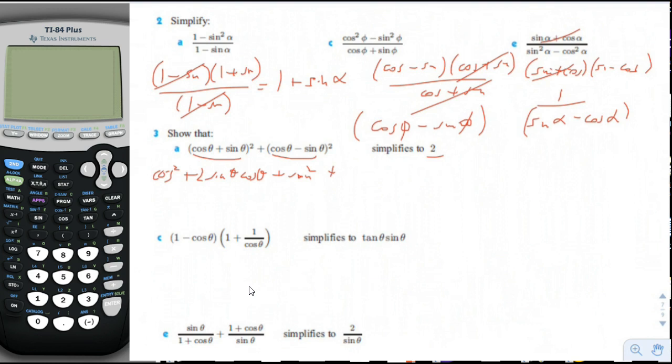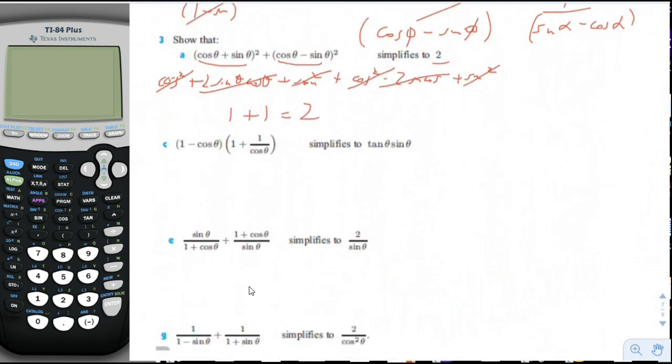And then you have plus cosine squared minus 2 sine cosine plus sine squared. Okay, and cosine squared plus sine squared is 1. Cosine squared plus sine squared is also equal to 1. And 2 sine cosine minus 2 sine cosine is 0. So that's how you get 2.